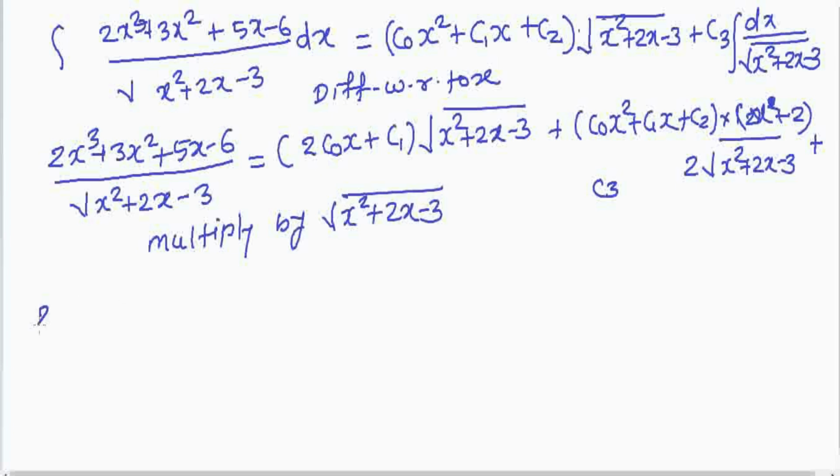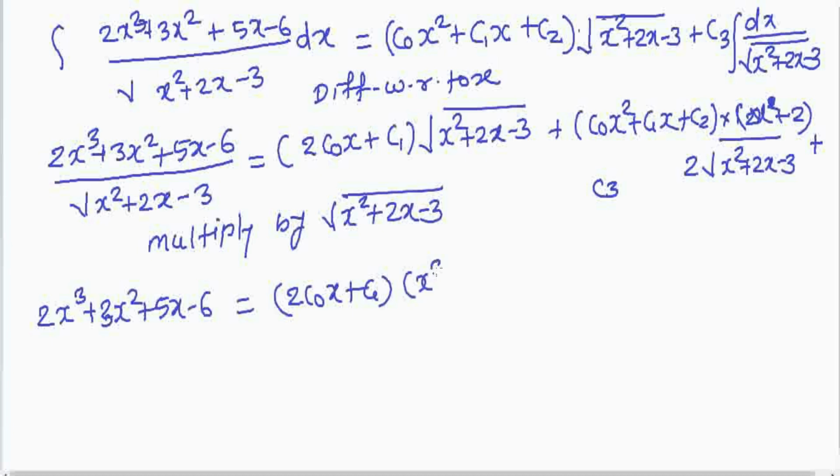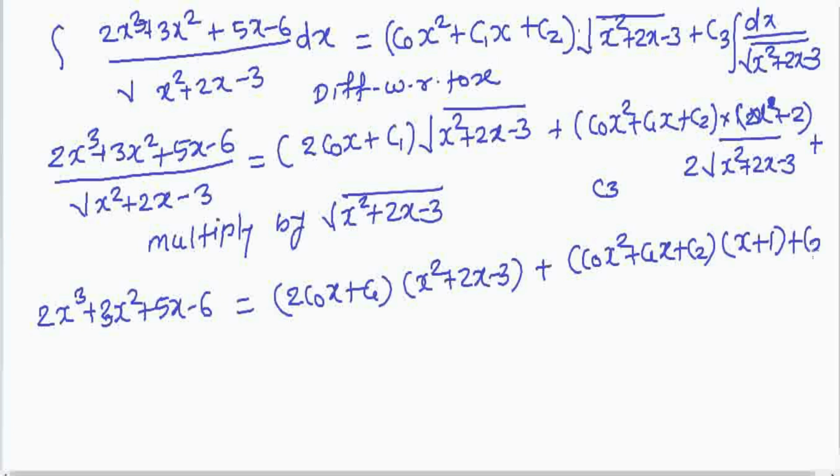Multiplication gives us 2x cube plus 3x square plus 5x minus 6 equal to 2 into (c0 x plus c1) into x square plus 2x minus 3, plus (c0 x square plus c1 x plus c2) into the 2 cancels, and this root term also cancels, and we have x plus 1 plus c3.